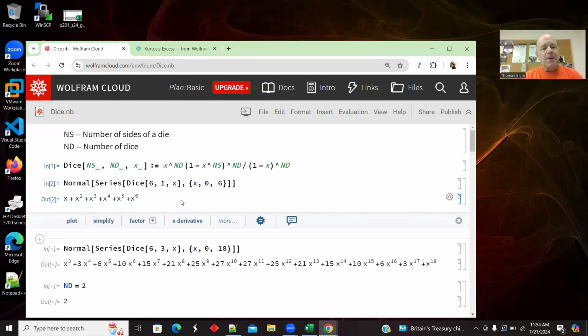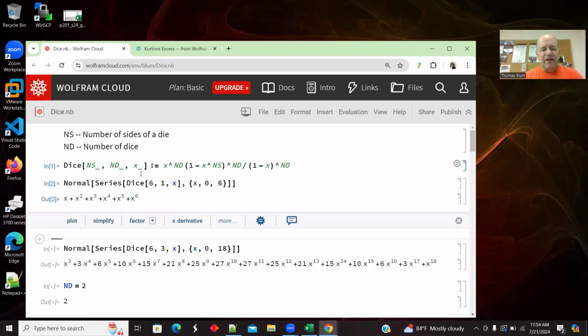It truncates, but the same trick you can use to solve a geometric series, you can use to solve this. So summing that, you would get x times 1 minus x to the sixth, divided by 1 minus x in the denominator.